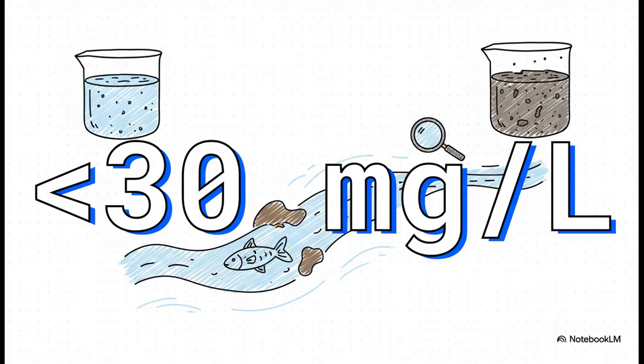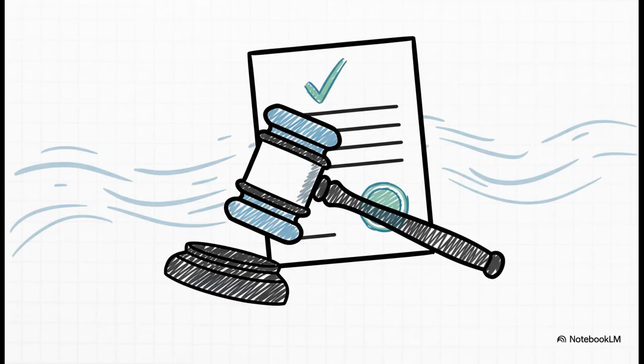And this is it, less than 30 milligrams per liter. That is the common legal limit for TSS in treated water that's being discharged back into a river or a lake. It's a strict, non-negotiable target. Now that number isn't just pulled out of thin air. It's written right into environmental laws and regulations. It's a key part of the discharge permits that plants need to operate. This is the legal line in the sand that separates clean water from pollution.